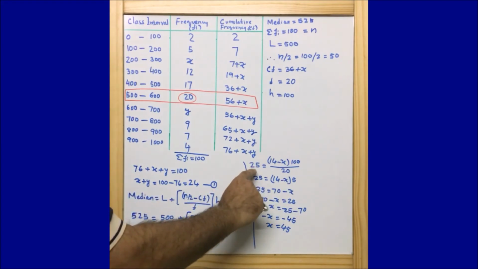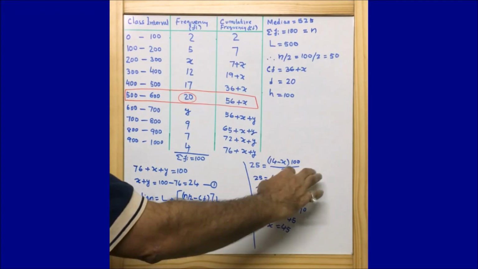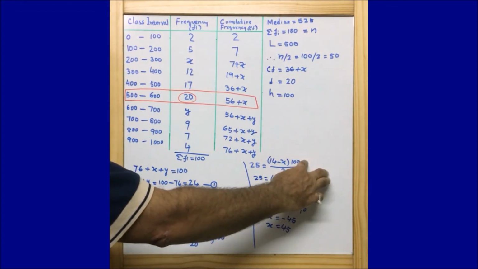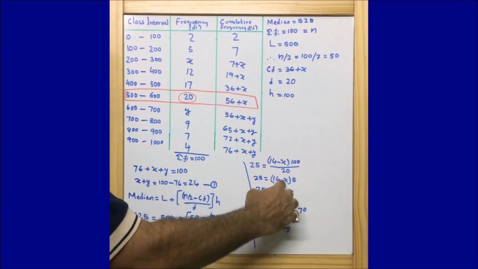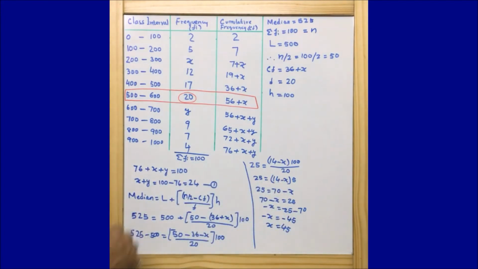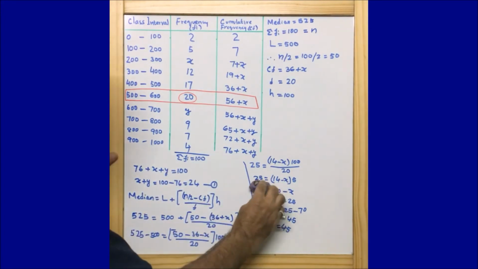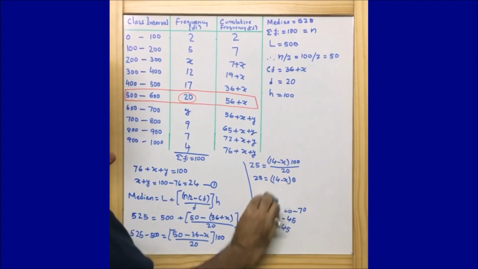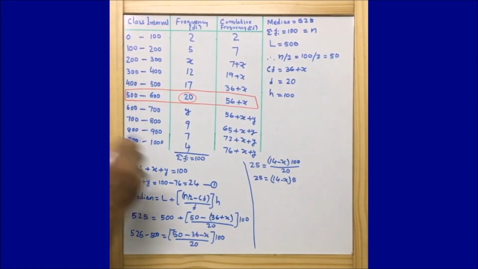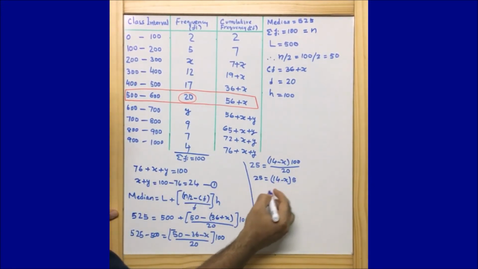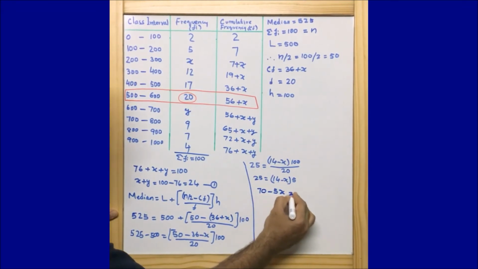Okay, see, here is the mistake, sorry guys. We have 14 minus x into 5, so we have 70 minus 5x is equal to 25.